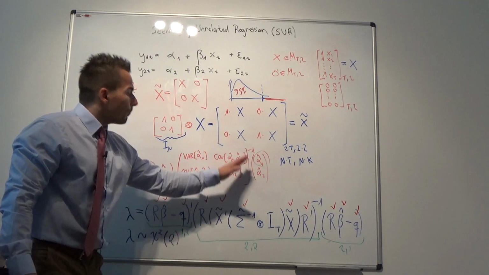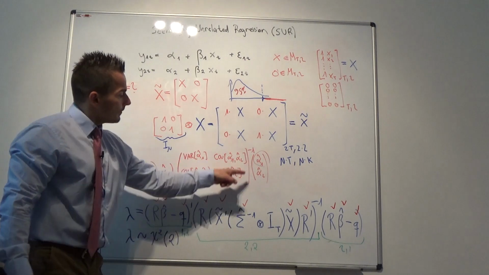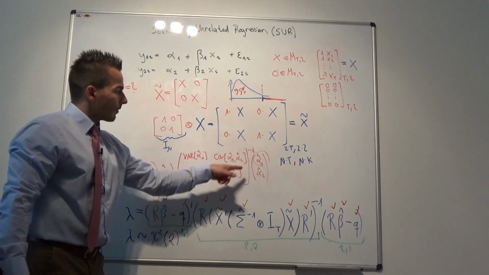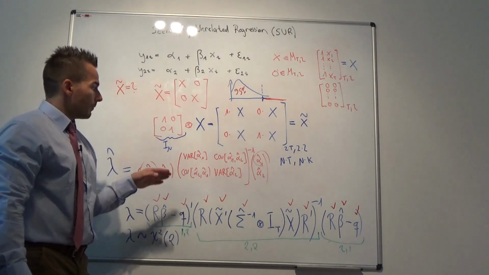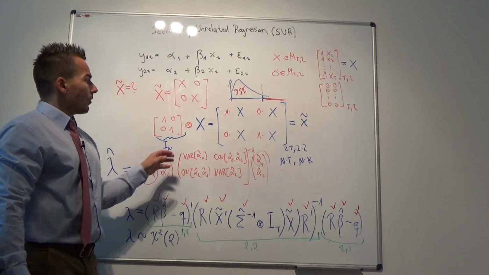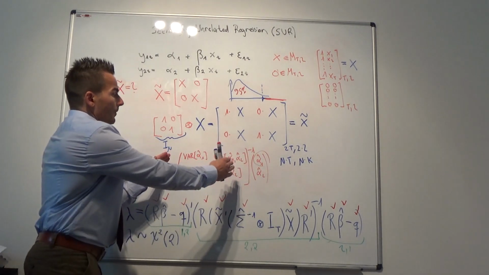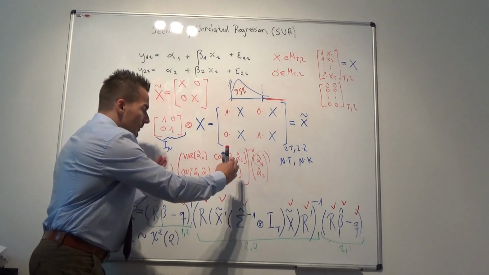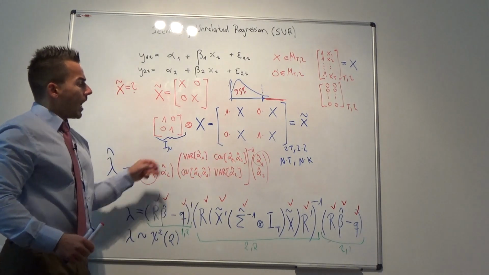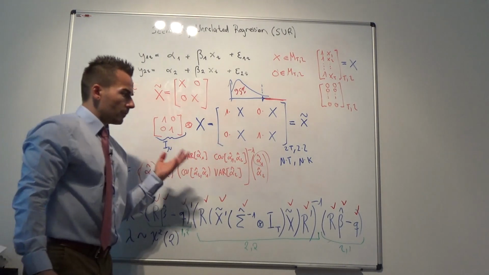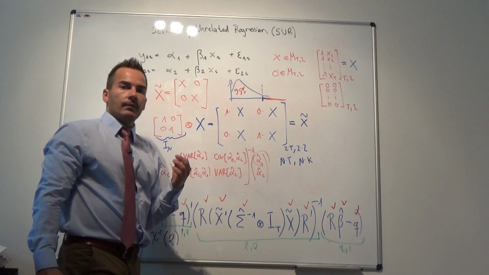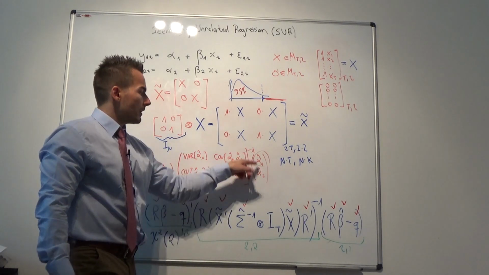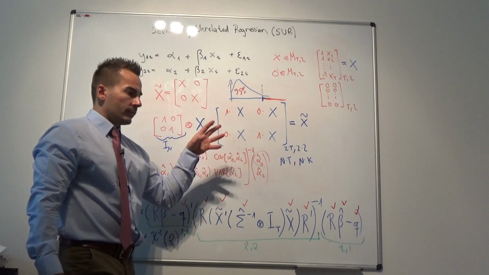But we have something in between, and you can think of it as a normalization, because we have the inverse of the covariance matrix in the middle. So the point estimates here are standardized.